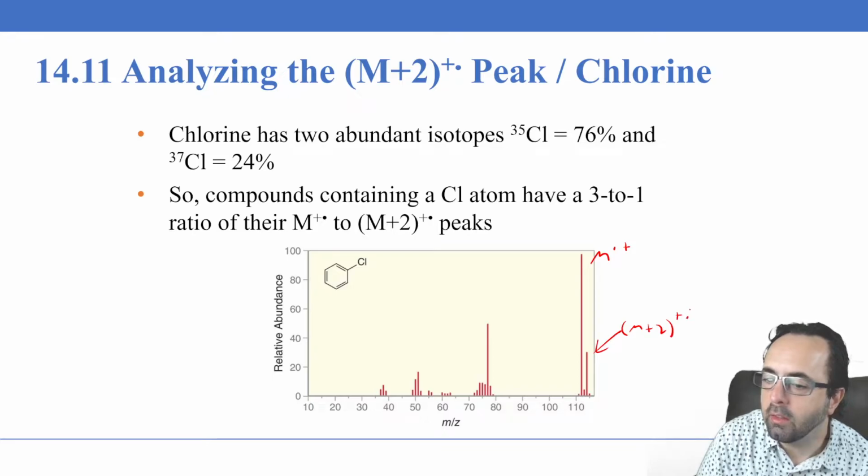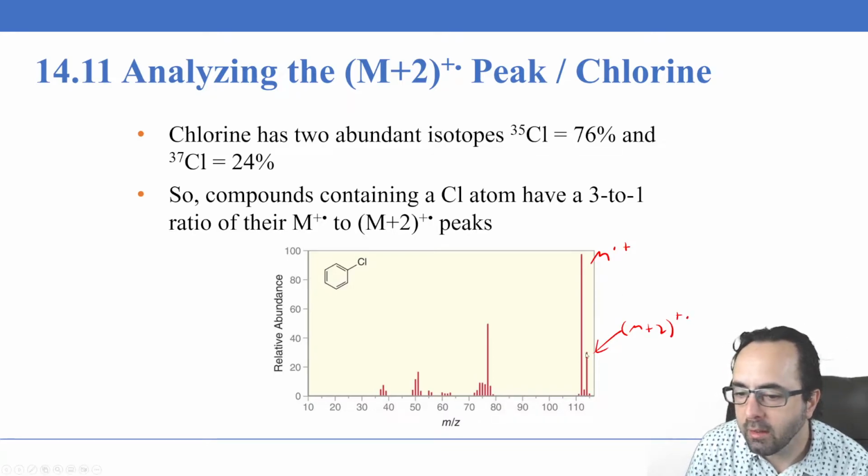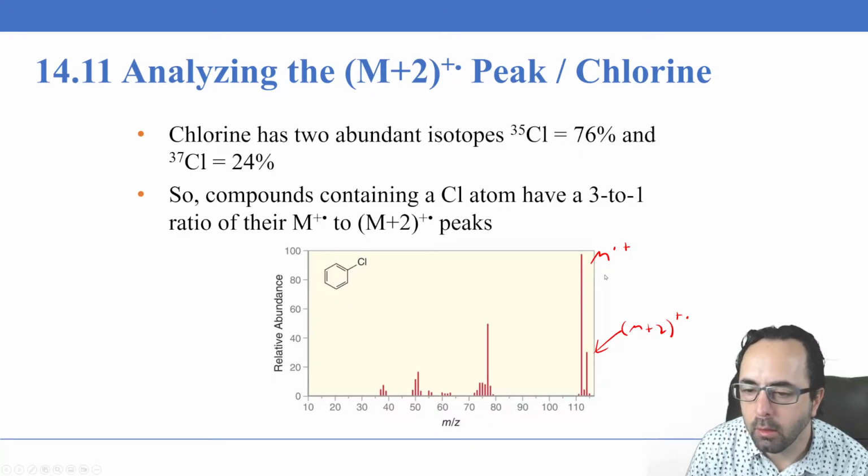And so the fact that this M+2 peak is about a third of the height of the parent ion peak, the molecular ion, tells us that we have a chlorine atom, because of the chlorine atoms, about a quarter of them are going to be 37, and about 3/4 of them are going to be 35. So you'll get about a 3-to-1 ratio of the peaks for the molecular ion versus the M+2 if you have chlorine.